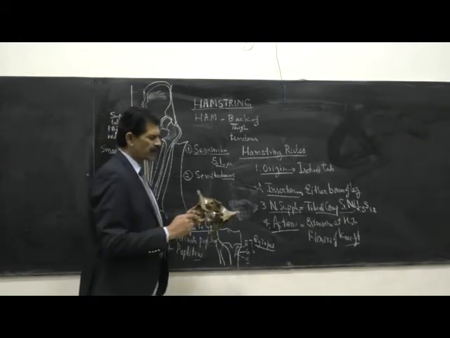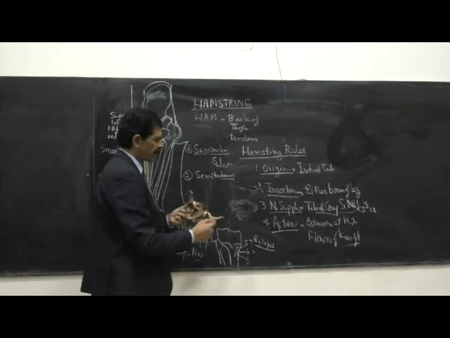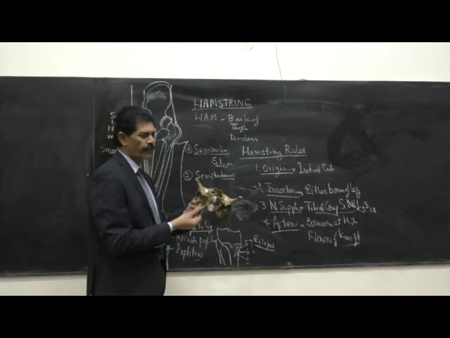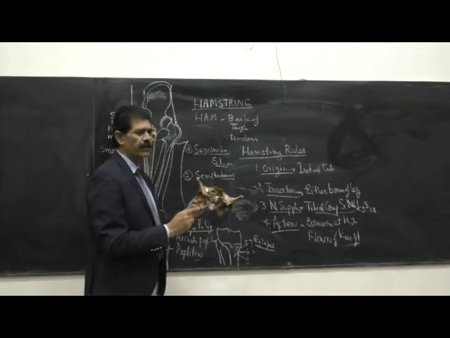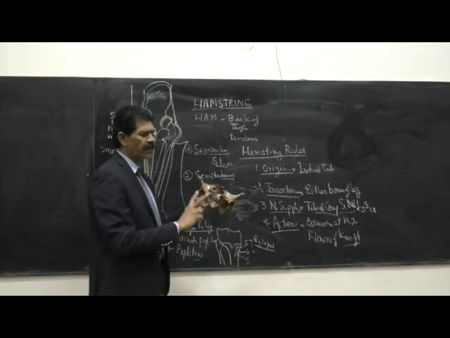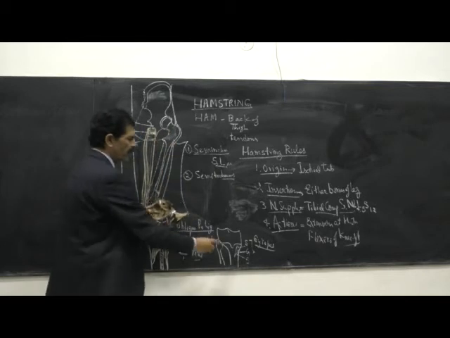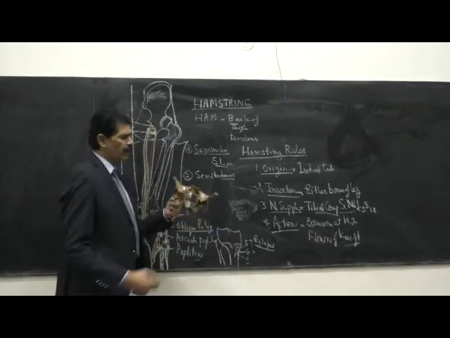The gracilis muscle takes origin from the body of the pubis, just near the pubic symphysis. And semitendinosus muscle takes origin from the ischial tuberosity. So there are three parts of the hip bone: ilium, pubis and ischium. From all the three parts, these three muscles take origin. And all muscles come down and are inserted on the same area, that is the upper medial part of the tibia.